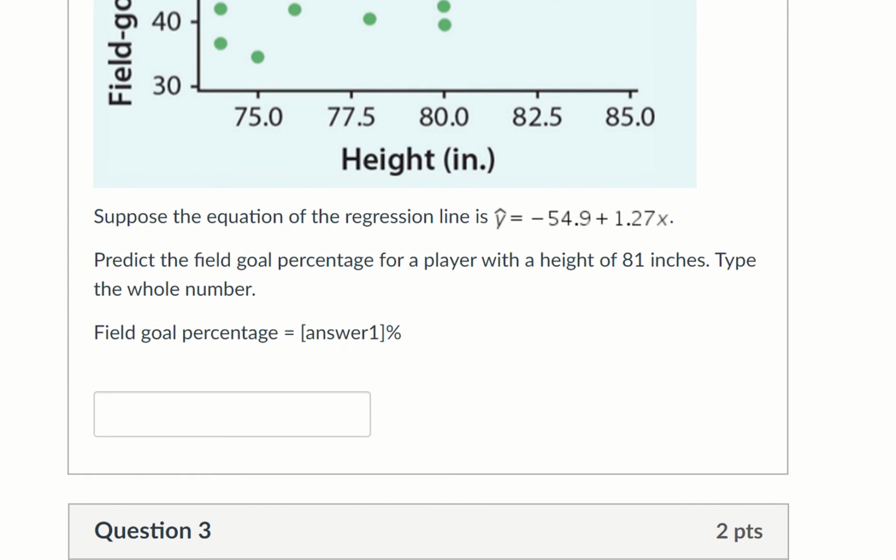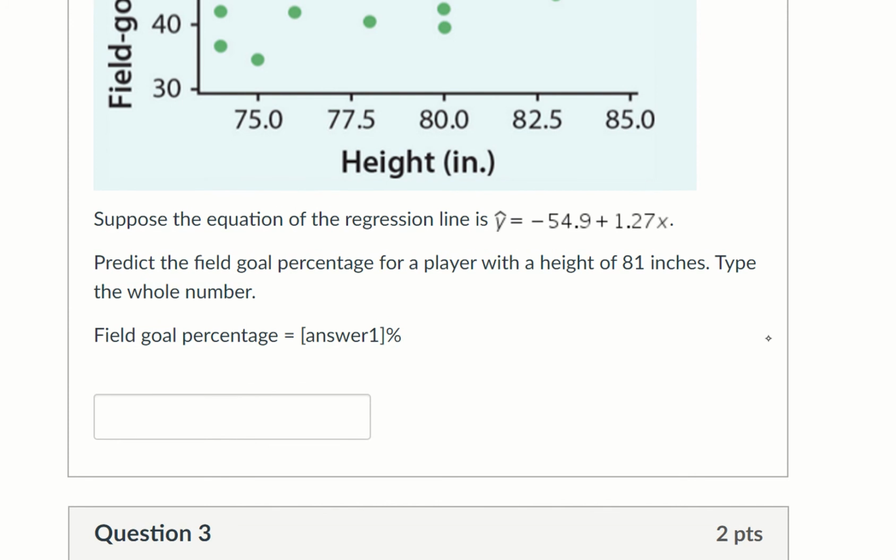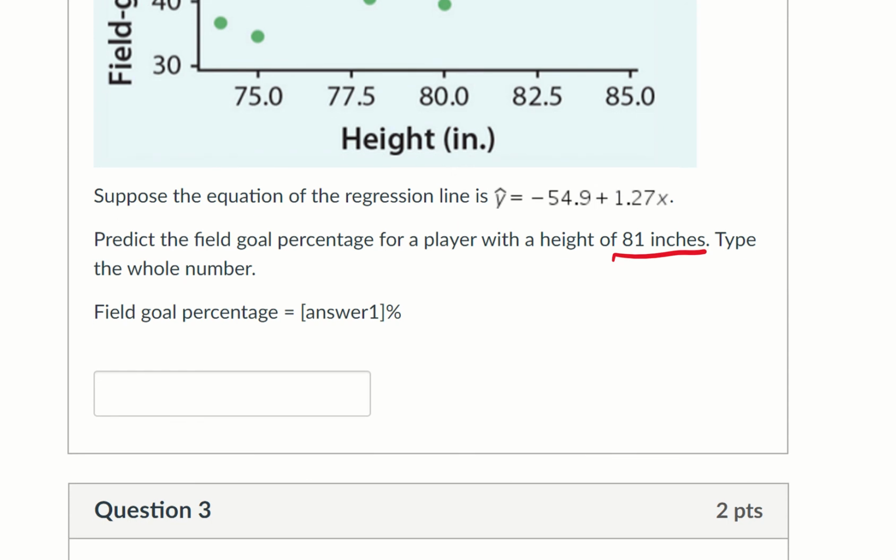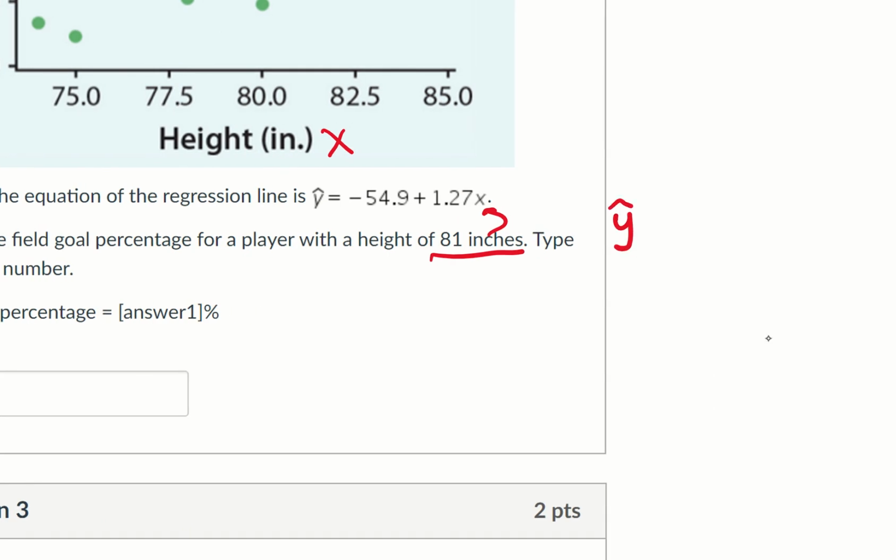So suppose the equation of the regression line is this guy. Predict the field goal percentage for a player with a height of 81 inches. Type the whole number. So the height is x, right? So we're gonna plug this in for x and get our field goal percentage.